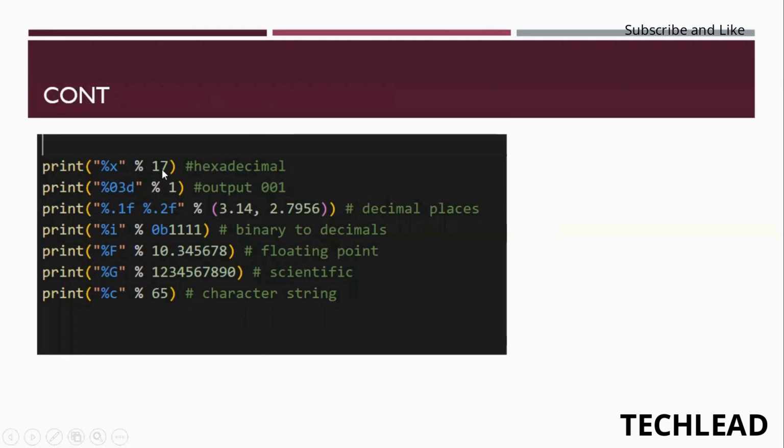Here you can see another example. If we want to print a hexadecimal value on the screen, we can use the x with the modulo operator.